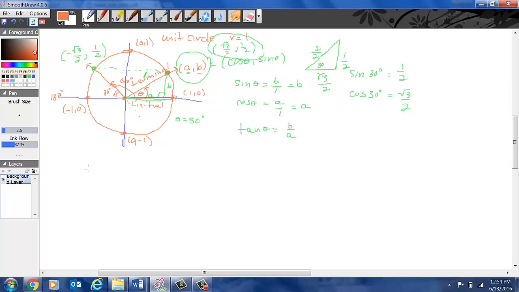So sine of 150 degrees is equal to the y-coordinate, which would be 1/2, and cosine of 150 degrees would be equal to negative square root of 3 over 2.